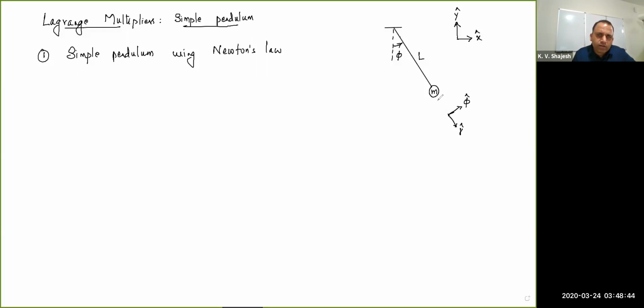What are the forces acting on this mass m? There are two forces. One is the force due to gravity, that's mg, and the other is the force due to the tension T in the rope or in the rod. So Newton's law tells us that mass times acceleration of the bob is equal to the vector sum of all the forces acting on the mass m.